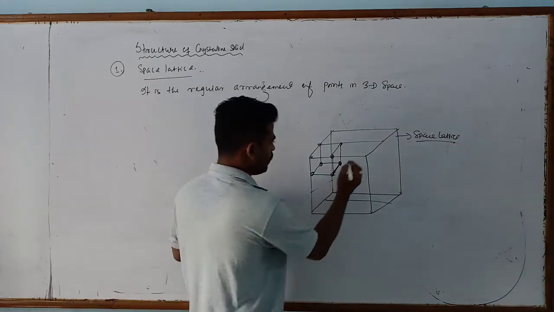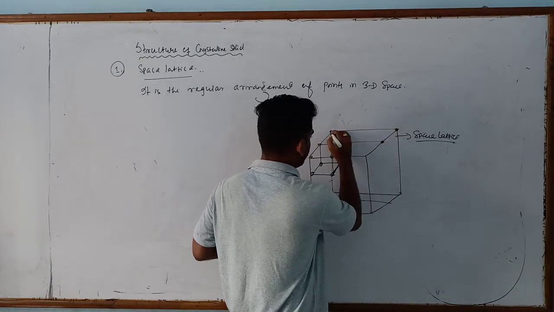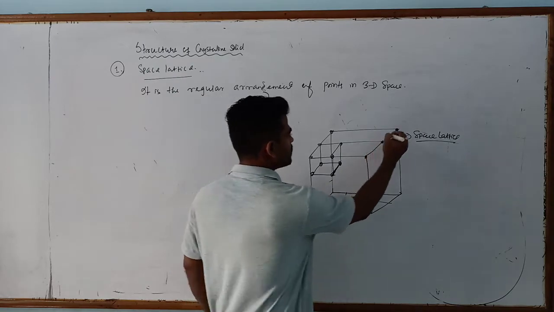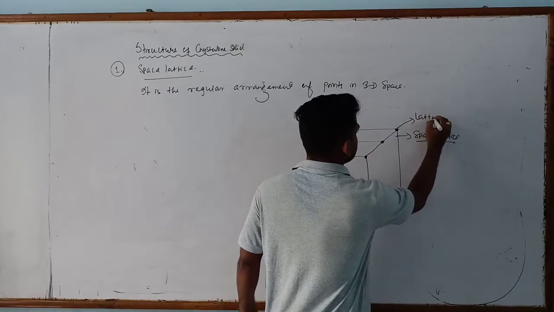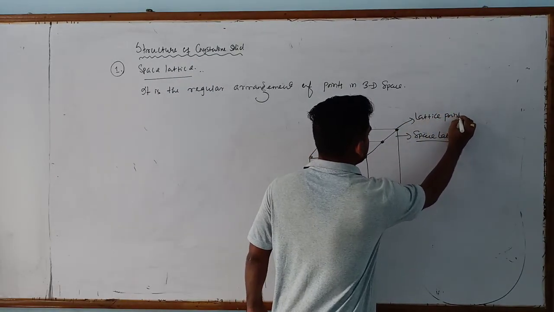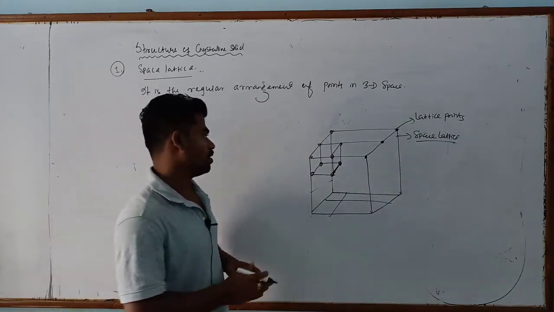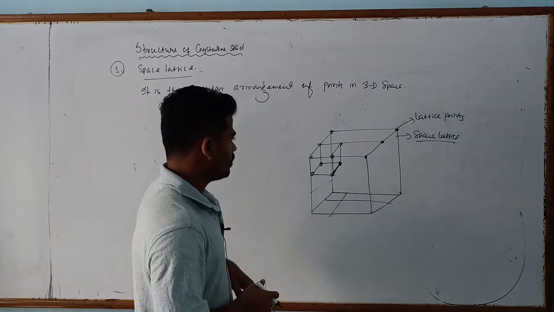And each occupying point, these are called your lattice points, where these positions can be occupied by atoms, ions, all these particles.